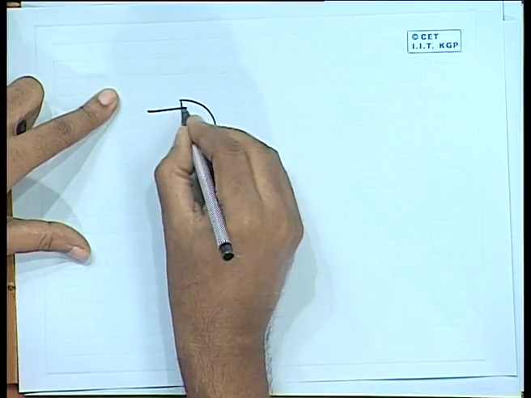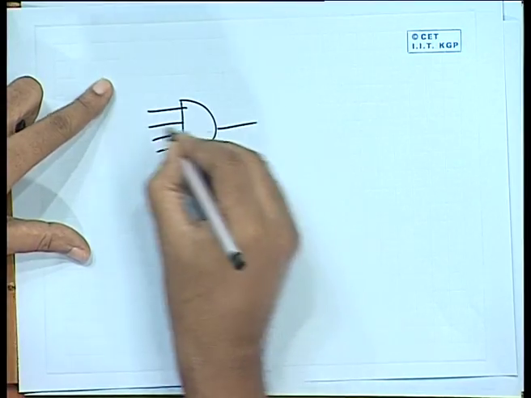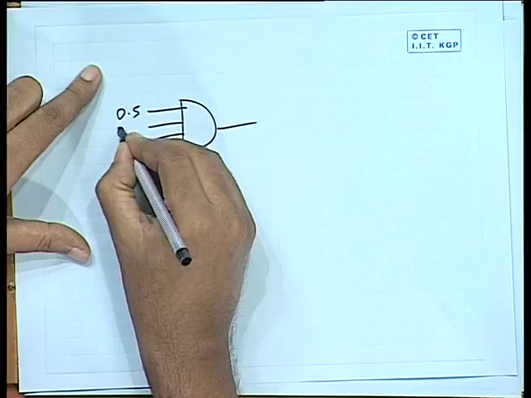Now, in order to test a 4 input AND gate, say for example, I want to test the output stuck at 0 fault. For testing the output stuck at 0 fault, I have to apply 1 in all the 4 inputs. Now, if the signal probability of each line is 0.5, I am saying that you have an AND gate, the signal probability of each line is 0.5.